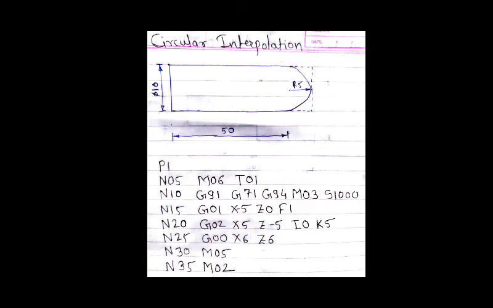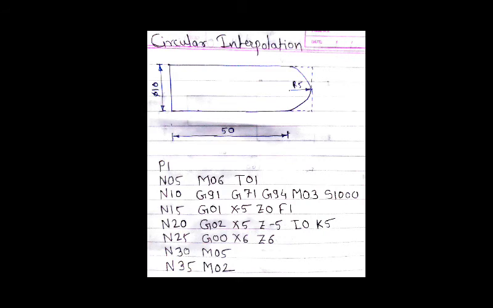G91 is for the incremental programming system, G71 for stock removal in turning, G94 for feed per minute. M03 gives the direction to the spindle, that is clockwise direction, and S1000 is the speed at which we want to rotate the spindle, that is 1000 rpm.